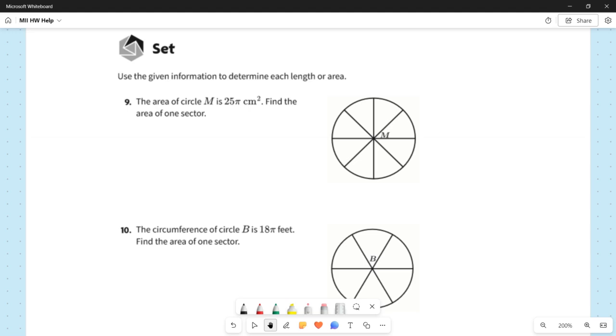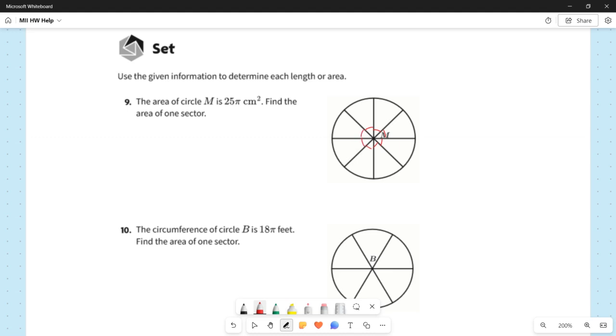So there's a lot of symmetry in this picture. And because they're congruent, it means that all of the central angles at M are also congruent to each other. Okay? So this angle, this angle, this angle, this angle, this angle, this angle, this angle, and this angle.